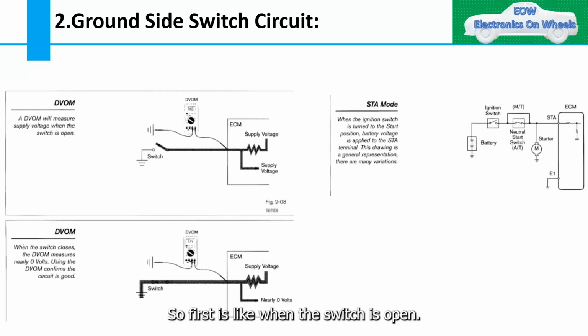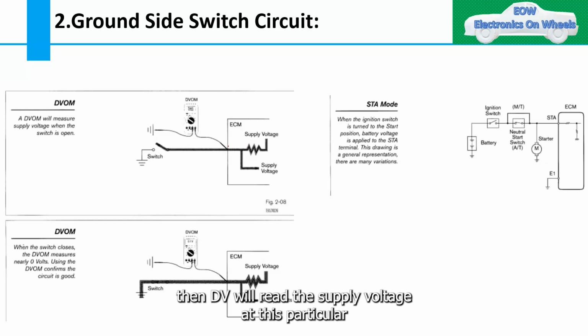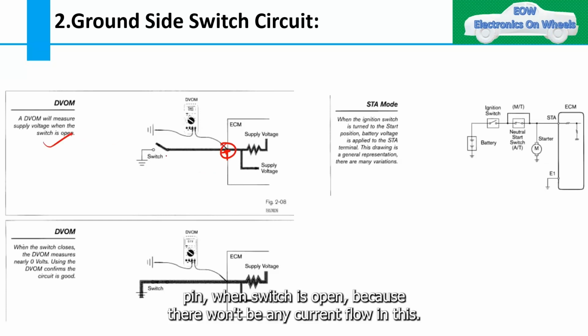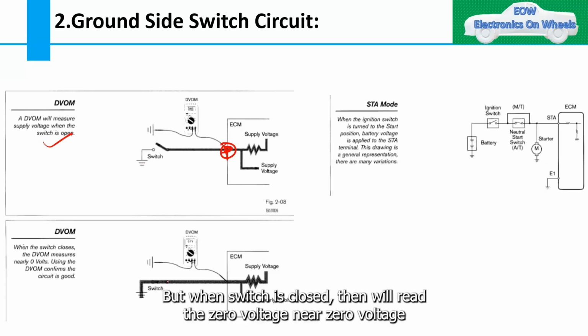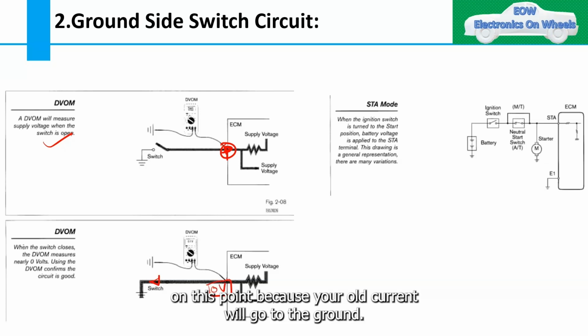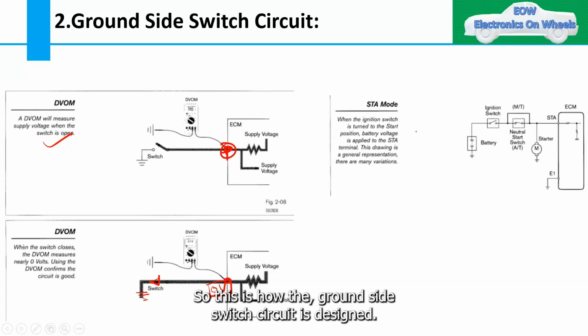When the switch is open, the DVOM will read the supply voltage at this particular pin, because there won't be any current flow and the same supply voltage will come on this point. But when the switch is closed, the DVOM will read nearly zero voltage on this point, because all the current will go to the ground. So this is how the ground side switch circuit is designed.